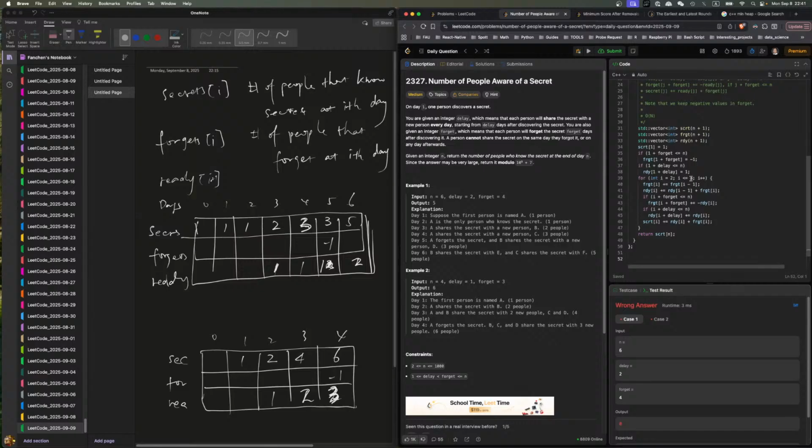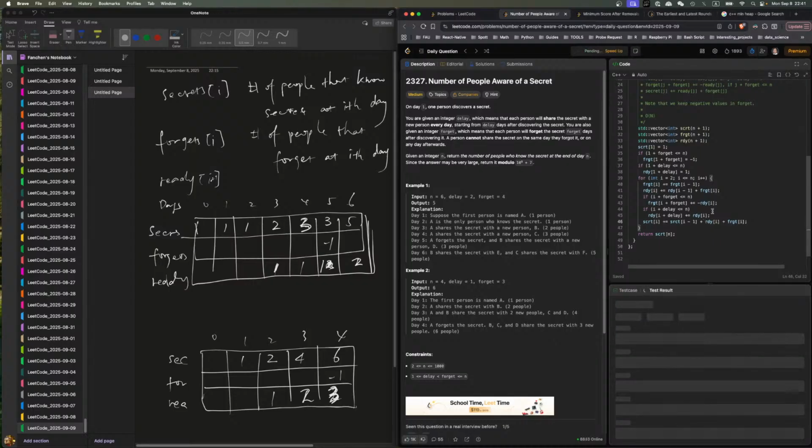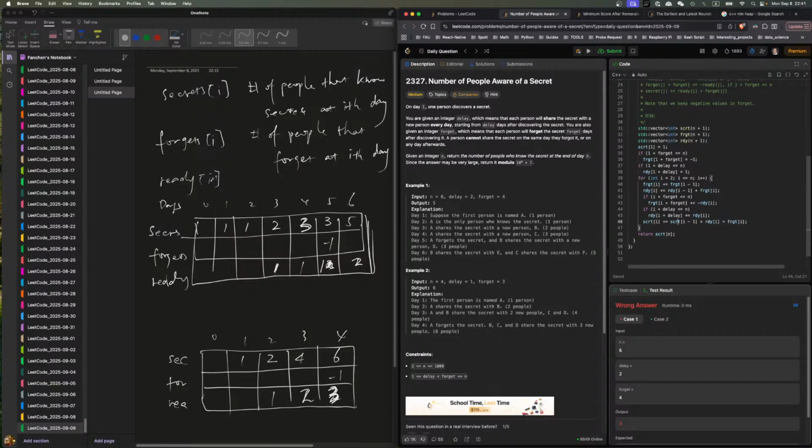Oh, because plus equal to secret I minus 1. The first one.